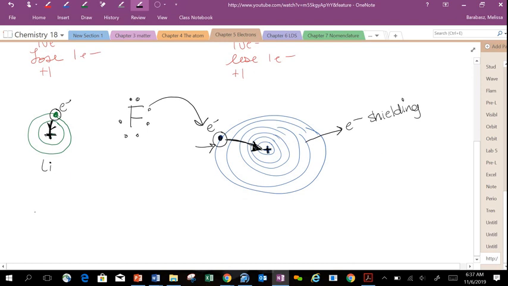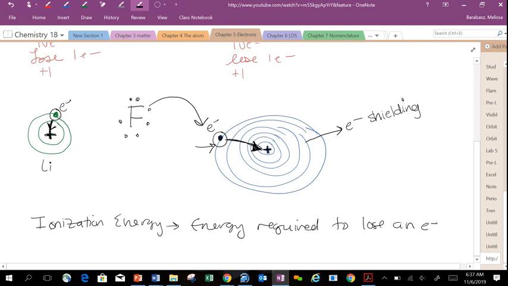We actually have a term for stealing electrons or losing electrons, and that is called your ionization energy. So your ionization energy is the energy required to lose an electron.